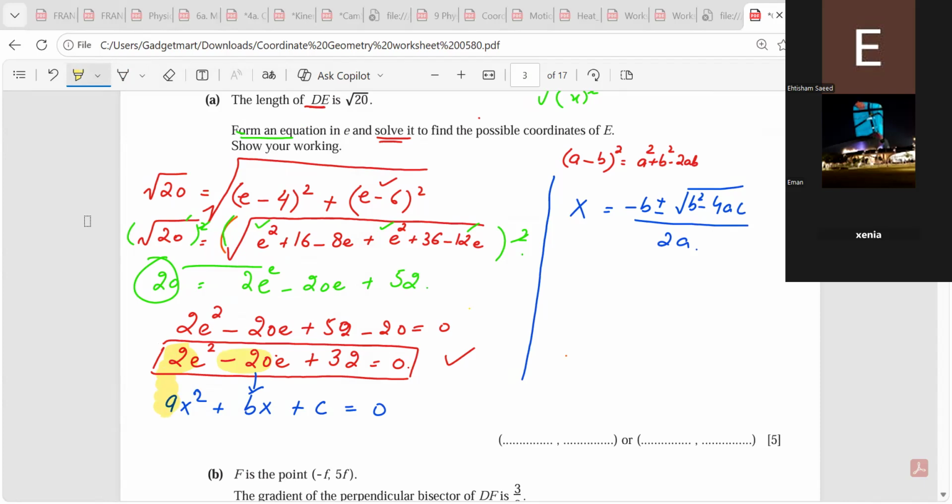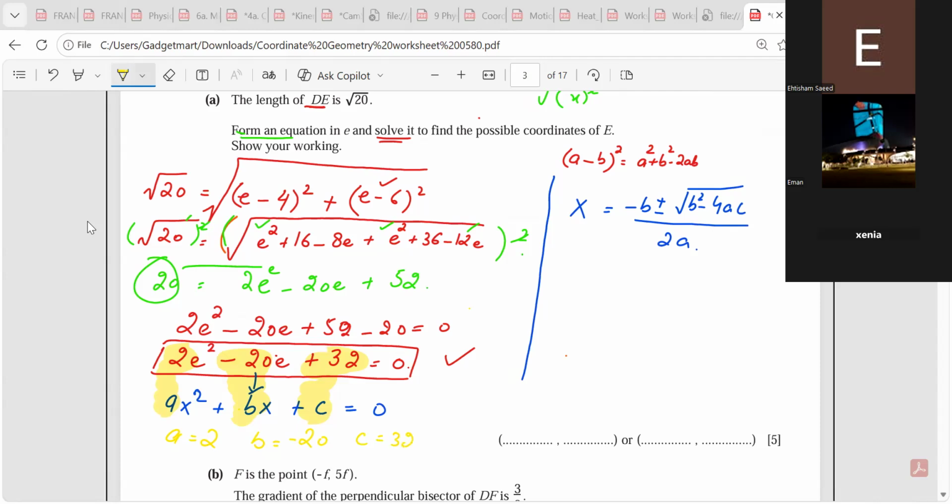B is the number with only x, and c is this number. So here you can see that a is equal to 2, b is equal to minus 20, and c is equal to 32.